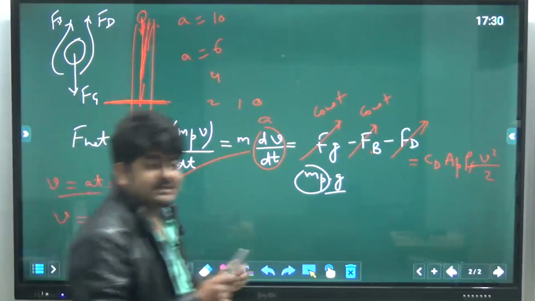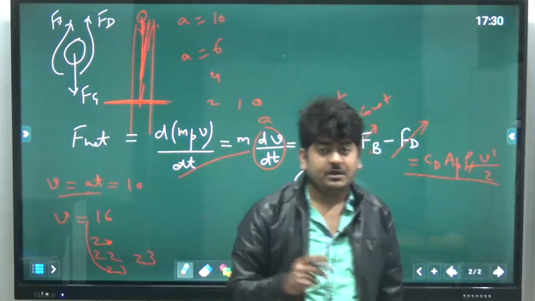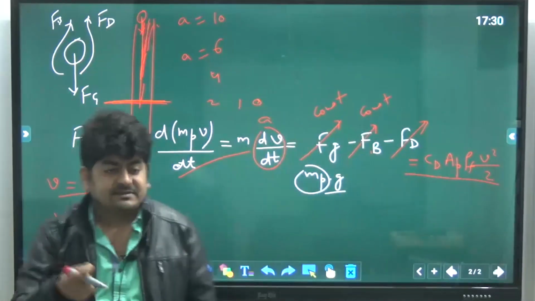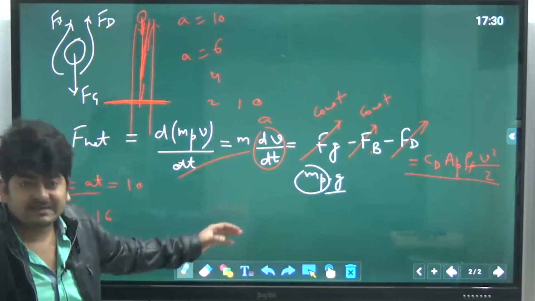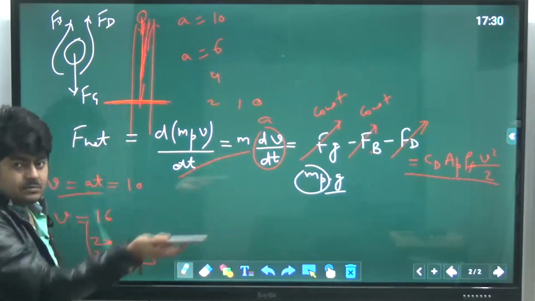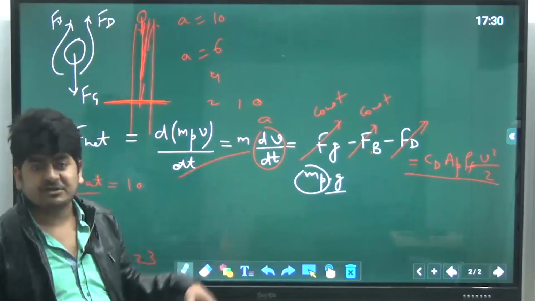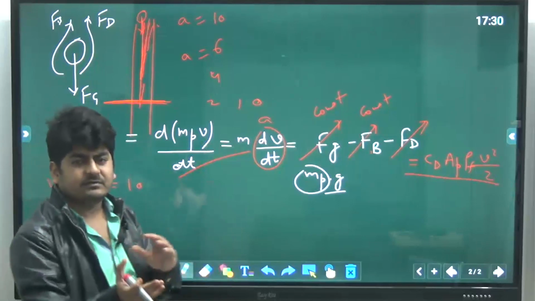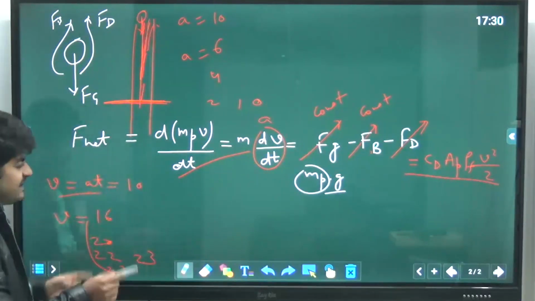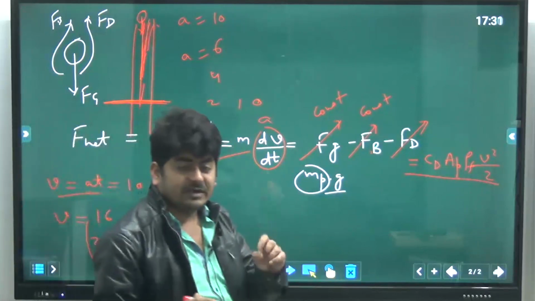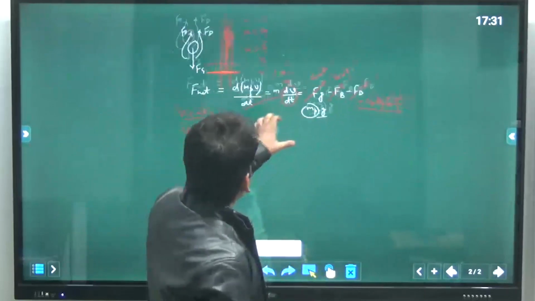And as velocity is increasing, drag force is directly proportional to velocity, so drag force will increase, meaning resistive forces are increasing. And as resistive forces are increasing, the rate of change of momentum transfer will decrease, basically the acceleration will decrease. Whichever way you want to relate that, you can. Okay, so that is the whole scenario. So in this, two things should be clear to all of you.